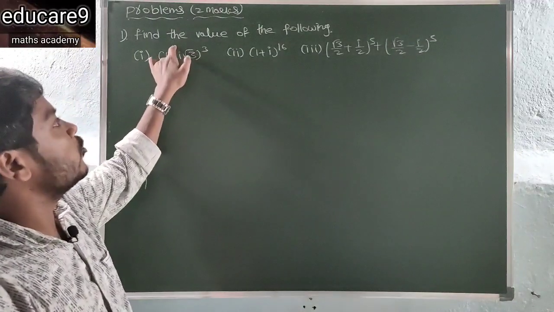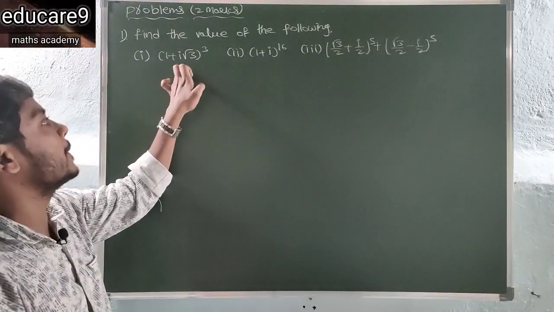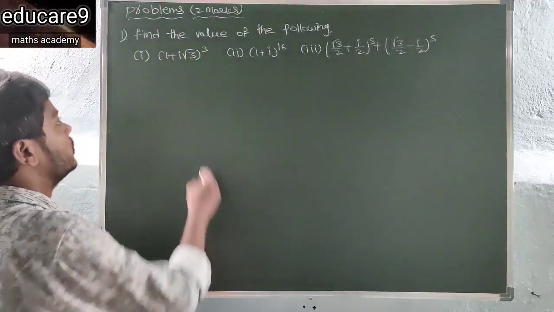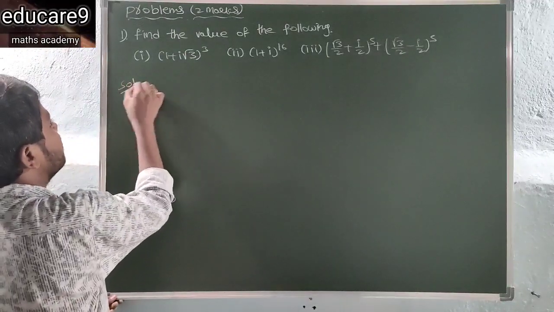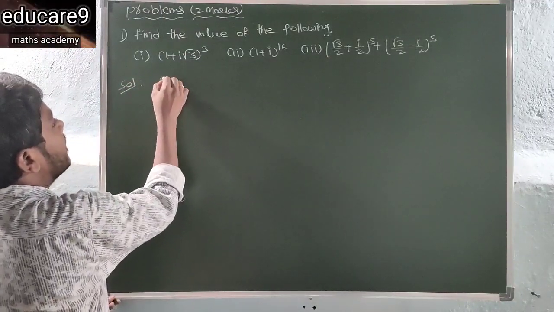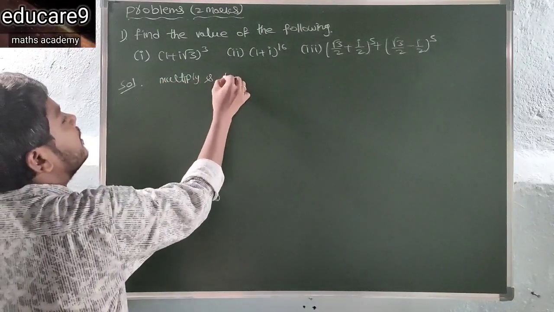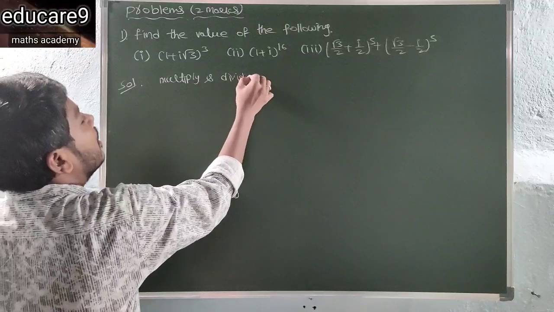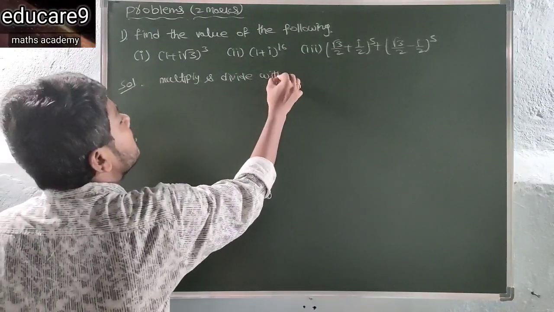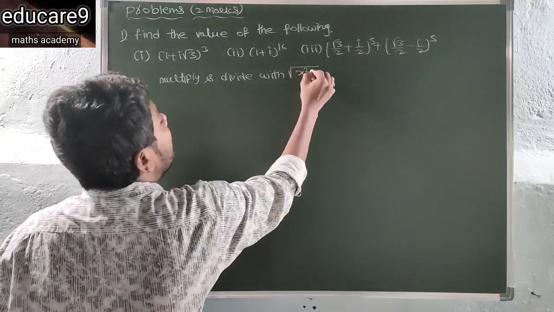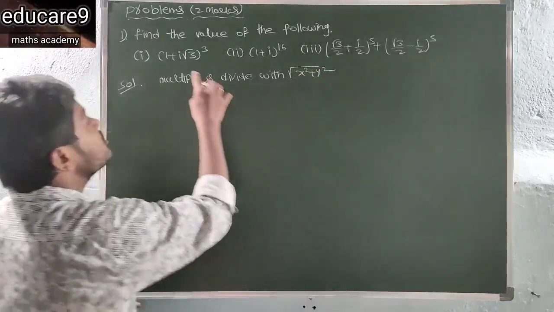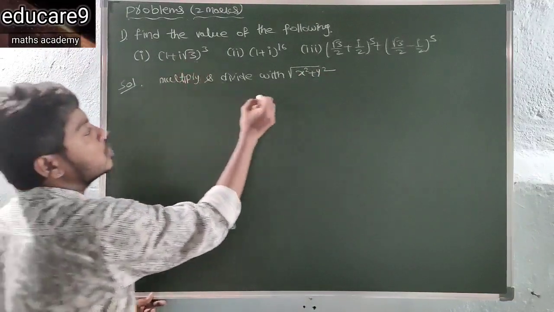See the first one, find the value of (1 plus i root 3) whole to the power of 3. So see the first solution. Multiply and divide with square root of x square plus y square. So clearly x is equal to 1, y is equal to root 3.